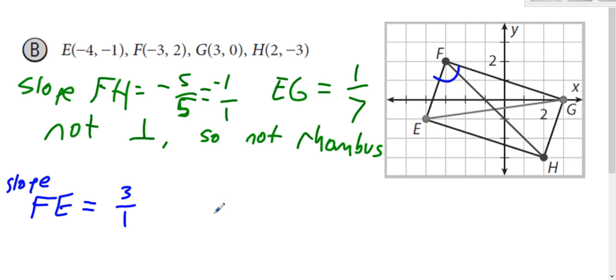And the slope of FX goes down 2 over 6, which reduces to negative 1 over 3. So we have a positive and a negative. 3 over 1, 1 over 3, they are reciprocals. That means that that angle is a right angle.